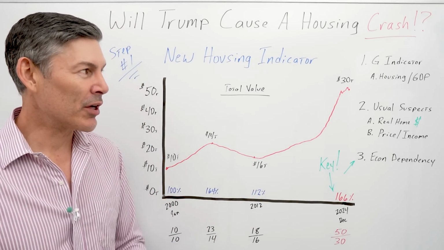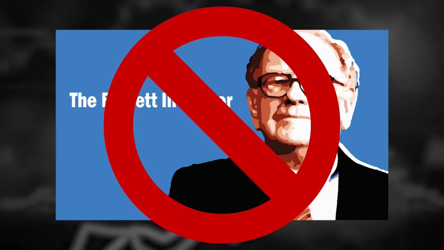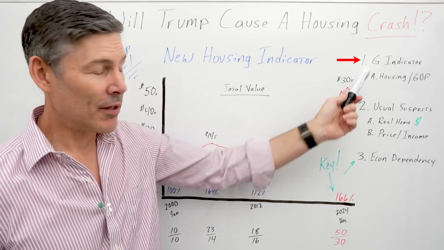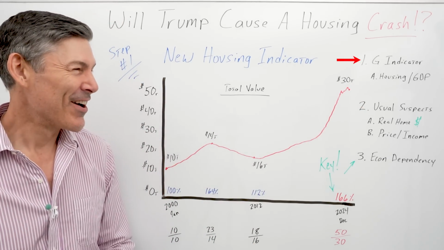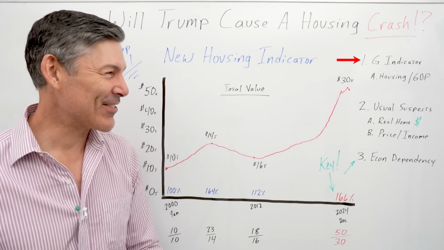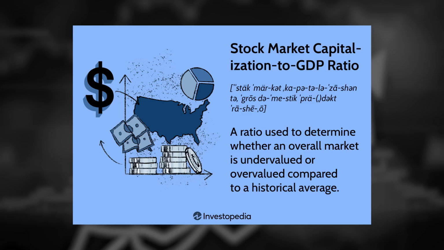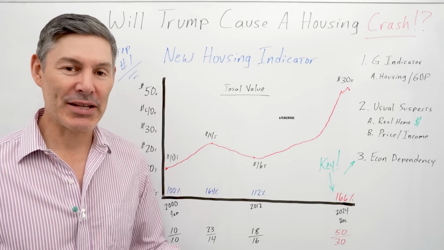And I am calling this not the Buffett indicator, but the G indicator for George Gammon indicator. That's right. And the Buffett indicator, as you know, is the market cap of the stock market relative to GDP. So it's expressed as a percentage.